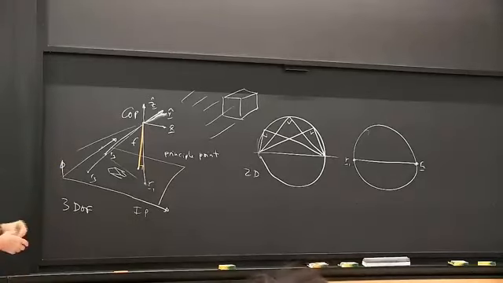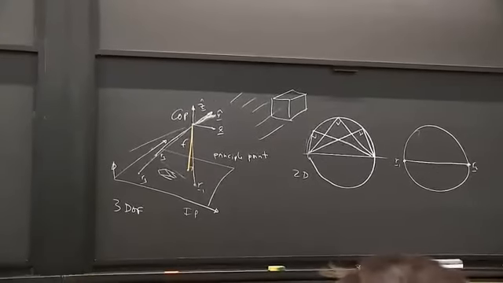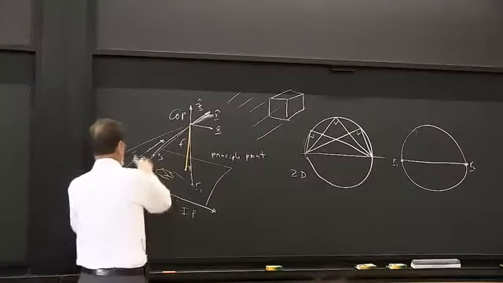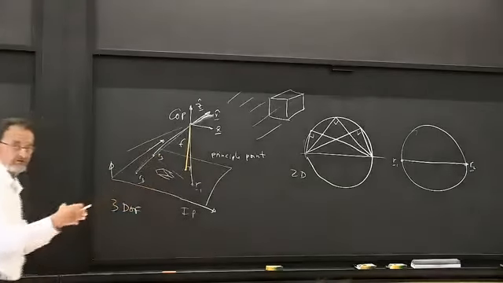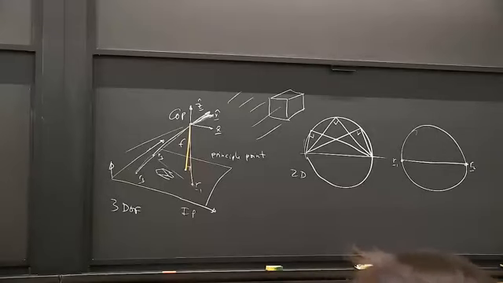Now, of course, that's not enough to tell us where it is, so we have a second sphere. We connect, say, R2 to R3, and that's the diameter of a second sphere, and now we intersect those two spheres. So what's the intersection of two spheres? It's a ring, right?